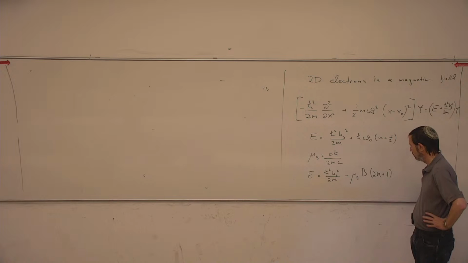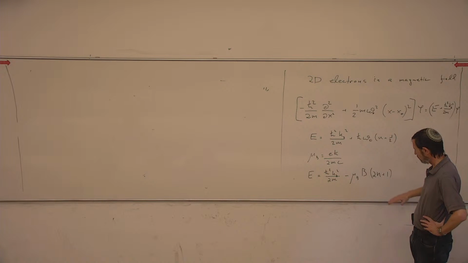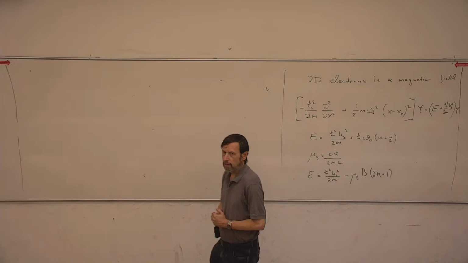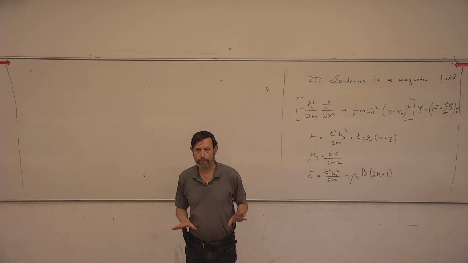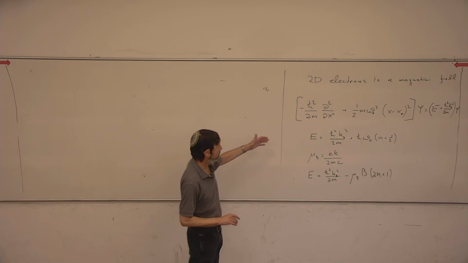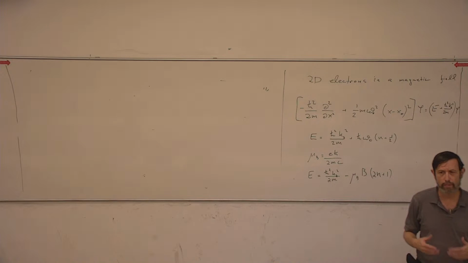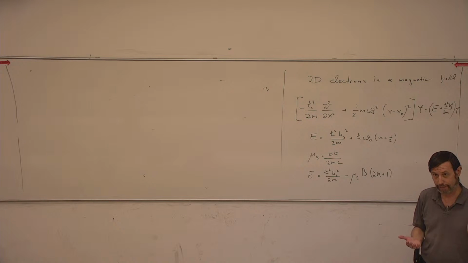Okay. So you could have stopped me in the calculation and told me, you started from talking about 2D systems, but you wrote a solution that is a 3D solution, right? kx, ky, kz.